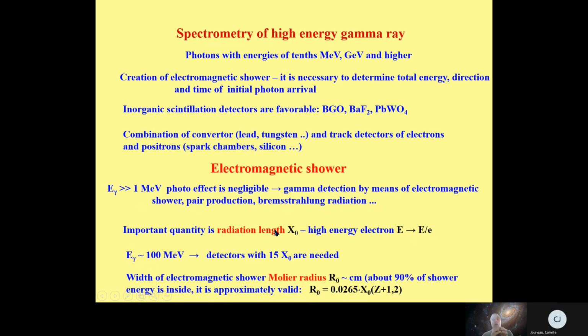That means only if you want to have development of the electromagnetic shower, with the energy converted to gammas, electrons and positrons, which at the end have energy near 1 MeV, will it be a full development of the electromagnetic shower. We need to have 15 radiation lengths. That means we need material with such thickness.